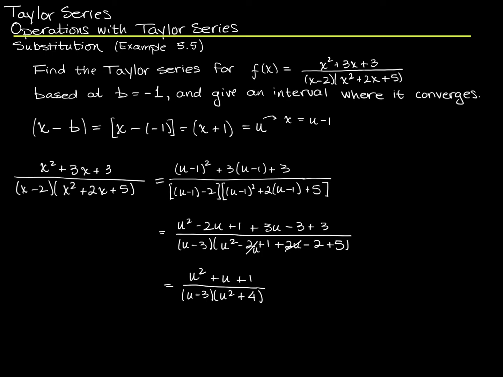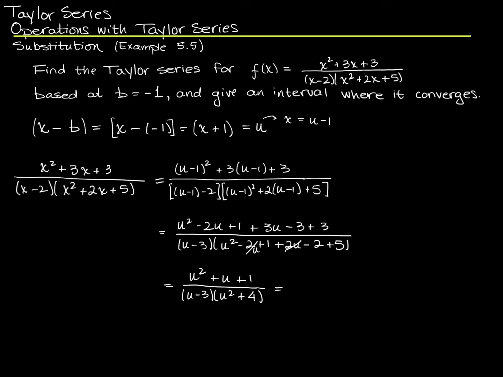Now, I hope that you remember from calculus, Calculus 2, integral calculus, you can write this as two separate fractions by observing that this is a linear factor and this is an irreducible quadratic factor.